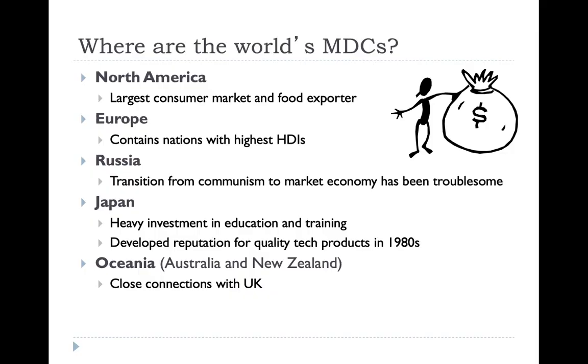This transition has been troublesome in the past, but Russia is continuing to improve and work their way up their development levels. Japan has invested heavily in education and training and developed a reputation for quality tech products. And then Oceania, so Australia and New Zealand, are closely connected with the UK.